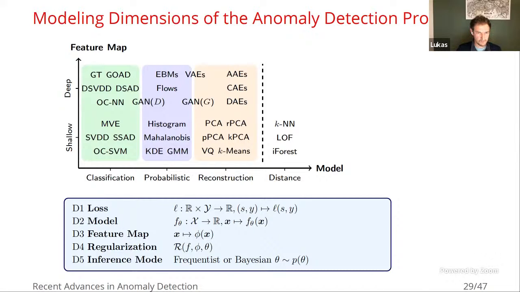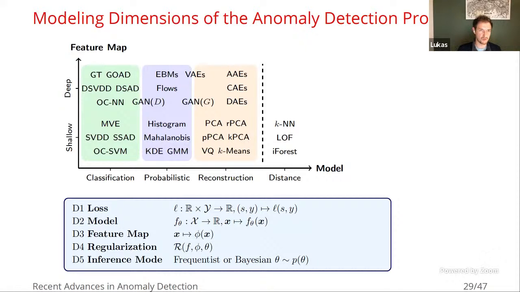And so apart from those two dimensions, so the model dimension, where we have specific either density models or hypersphere or hyperplane model, and the feature map, we in this review do identify three more dimensions, which are the loss, specific types of regularization, and the inference mode. So if it's a classic frequentist or latent Bayesian or fully Bayesian approach.